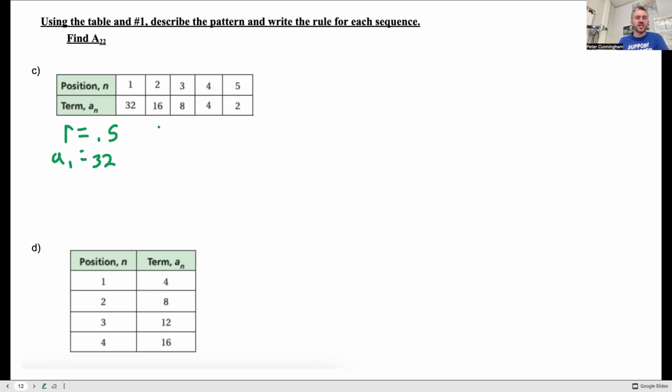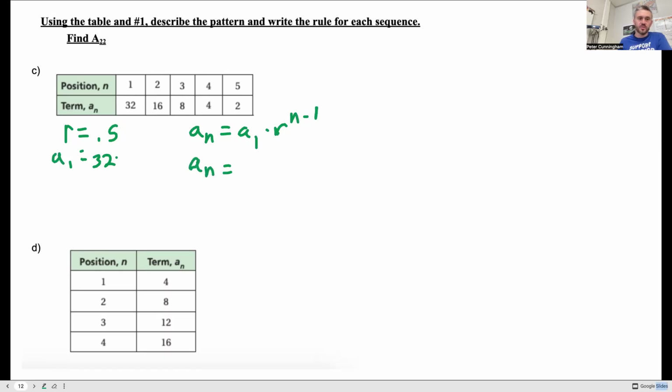Okay, so what this question is asking me to do, once I've written the formula, so we wrote the formula. With our formula, the only thing we need to replace, so we have A of n equals my first term times the rate to the power of n minus 1.